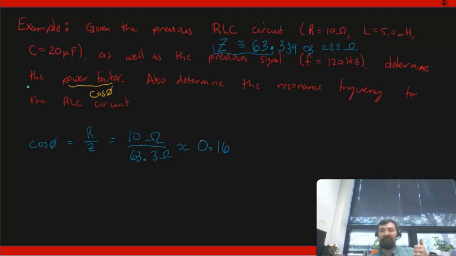So I have either a large capacitive reactance or a large inductive reactance, or both, compared to the resistor, and so very little power would be dissipated. So this power factor is basically telling us what fraction of the possible power that could be dissipated is actually being dissipated.